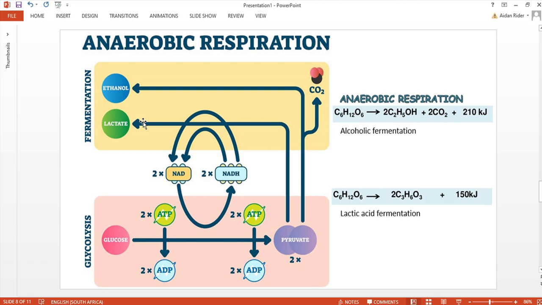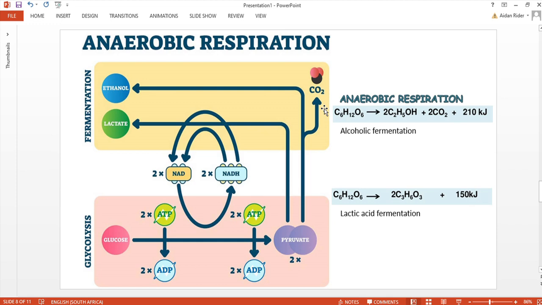But the alcohol fermentation happens in yeasts, your smaller type of organisms that usually don't need oxygen anyway, so they produce energy without oxygen. So they use this type of route, and ethanol is being produced with carbon dioxide.